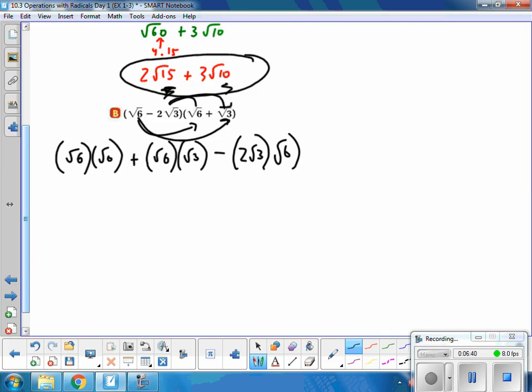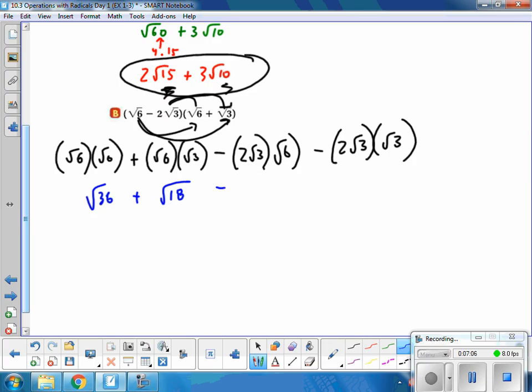Actually, my last one with the FOIL is going to be minus 2 times the square root of 3 times square root of 3. Now let me simplify these pieces. So I end up with square root of 36. And some of you might see already early that square root of 6 times square root of 6 simplifies out to 6. You might see that really quickly and right away, which is fantastic.